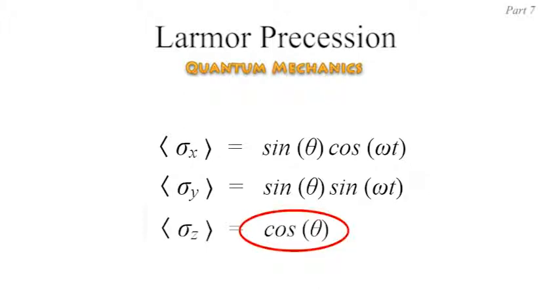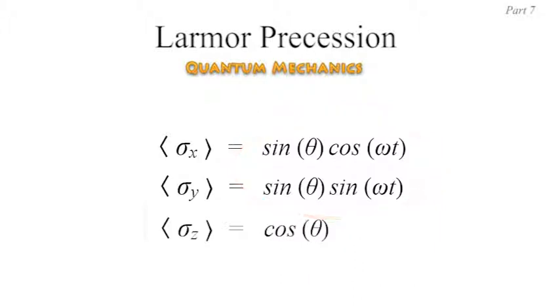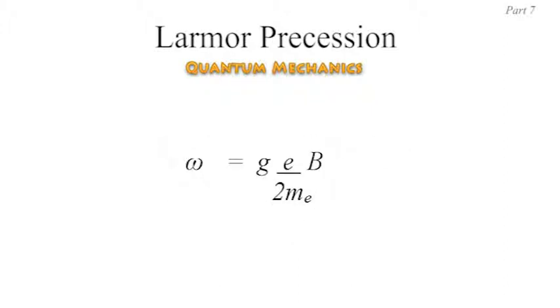The z component of the expectation of the spin is constant for a given angle at cos theta, but the x and y components oscillate at an angular frequency omega, 90 degrees out of phase with each other. That's the cosine-sine difference. And they give a precession in the expectation about the z-axis, and the precession frequency doesn't depend on the angle theta.